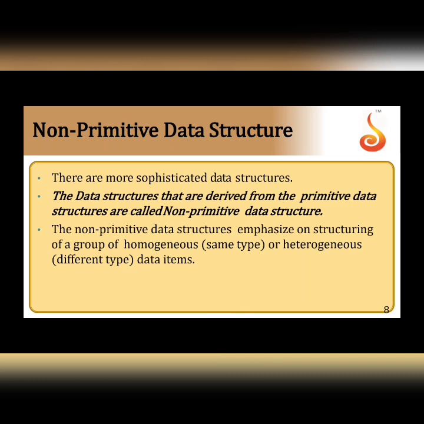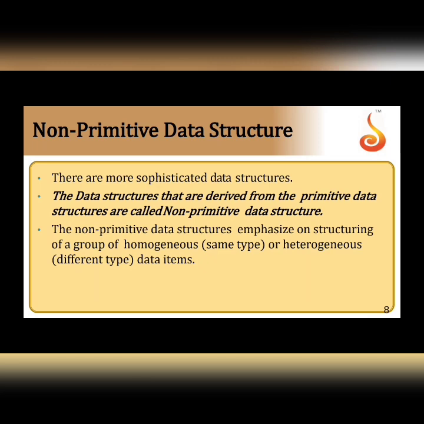Non-primitive data structures are a group of homogeneous, that is the same data type, or heterogeneous data items. When I say heterogeneous, you can think of structures and unions, wherein you can store a heterogeneous set of data. Even a class can have different kinds of data. Whereas homogeneous, definitely a queue, a stack.